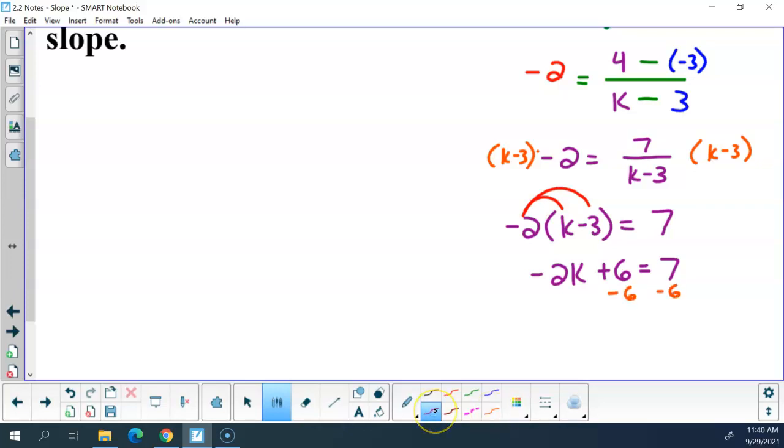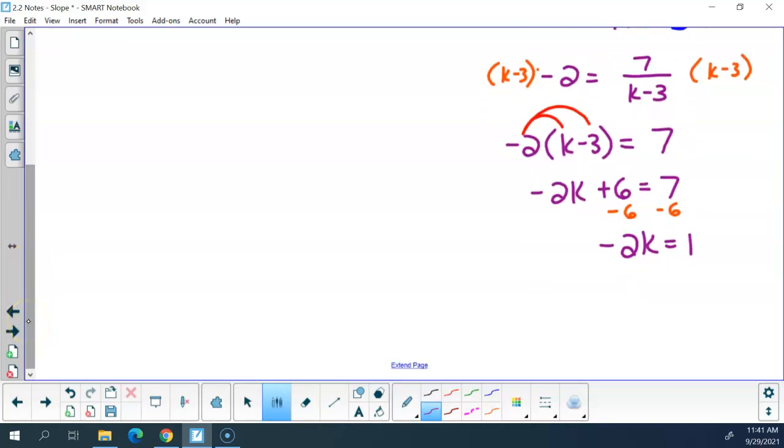That's going to give me negative 2k equals 1. Now what? Divide by negative 2. K equals negative 1/2.